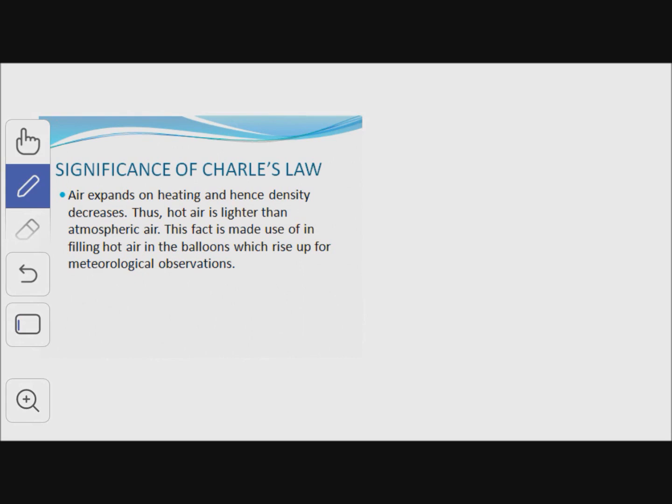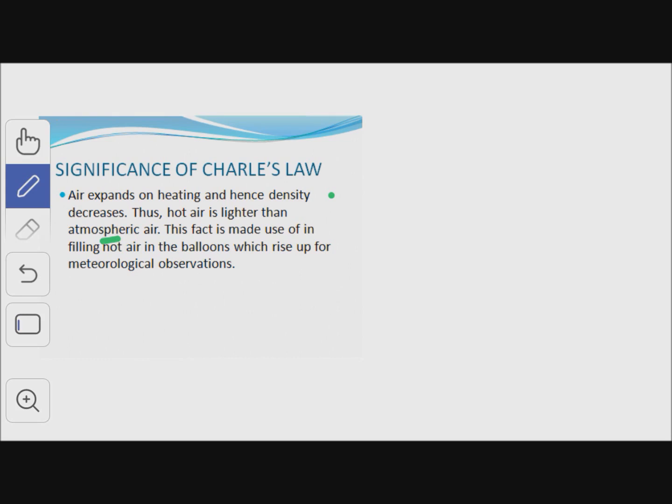It means its density decreases because the molecules gain kinetic energy and move faster as compared to earlier. Hence the density of the air decreases because the molecules move far apart from each other. Thus, the hot air is lighter than the atmospheric air.